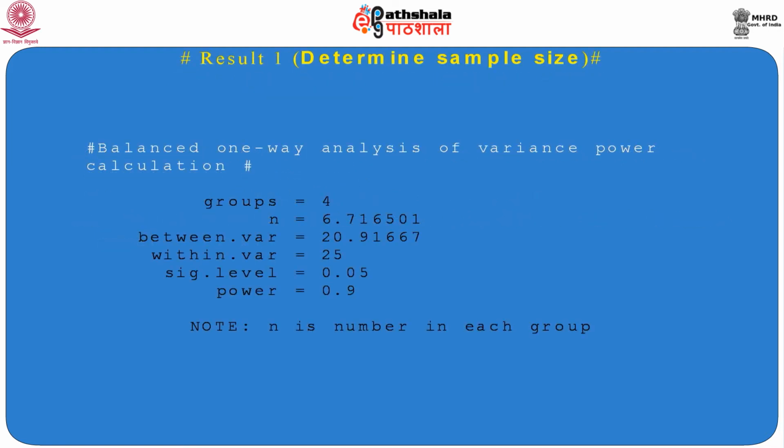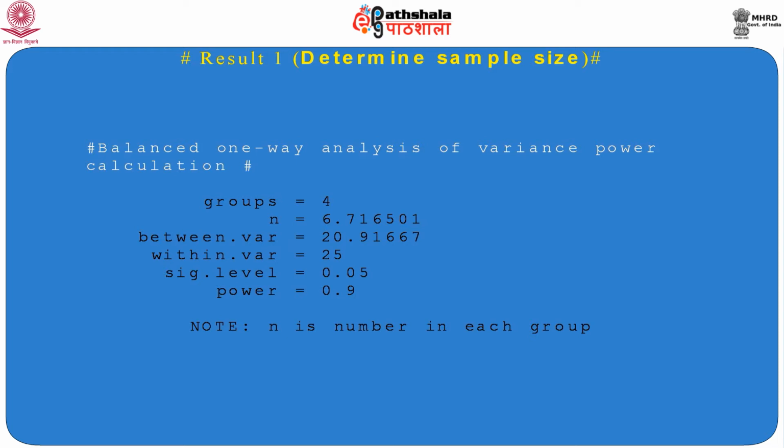This slide gives the result where the power calculation has been done, and the sample size observed for each group is 6.71, so we can consider 7 individual samples for each group, with groups showing as 4. Between variance is observed as 20.91, and as given, within variance equals 25, where the significance level is 0.05 with power 0.9. So this is one example where we can calculate sample size, and the sample size n is obtained as 7.